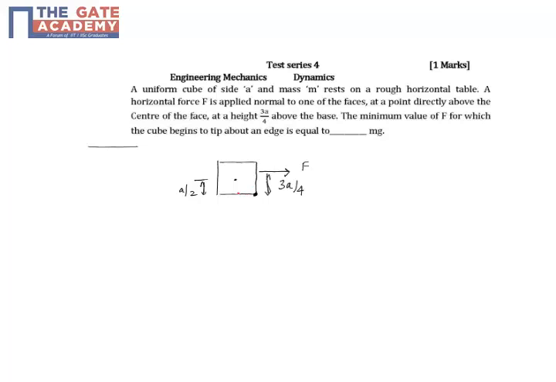So we will consider that case. At that point when it starts tipping over, this block will be more or less on an incline, something like this. I am just exaggerating that inclination, but just when it begins to tip over, the entire bottom portion will not be in contact, only a point contact will be there.